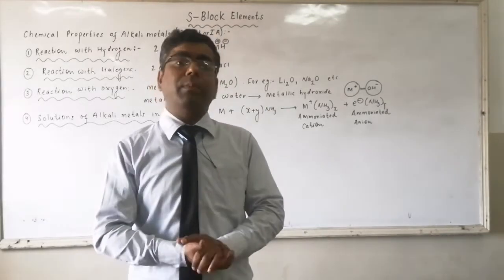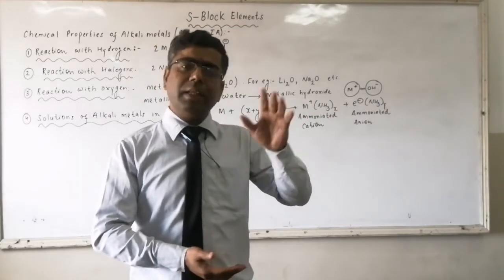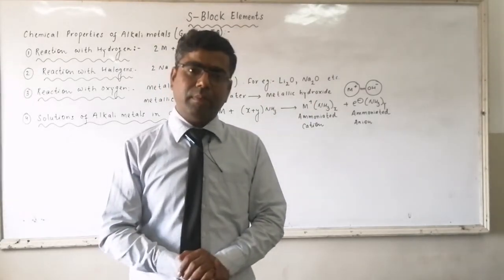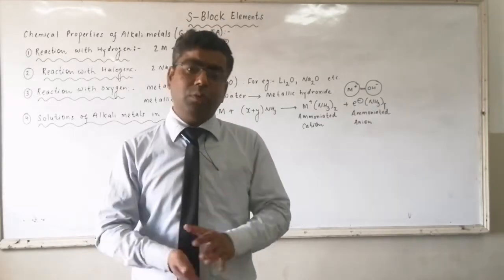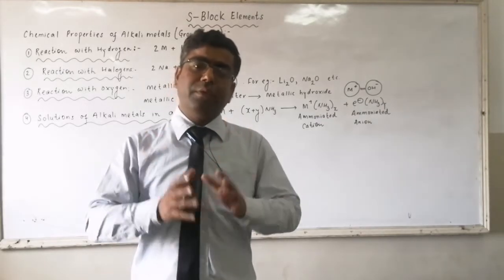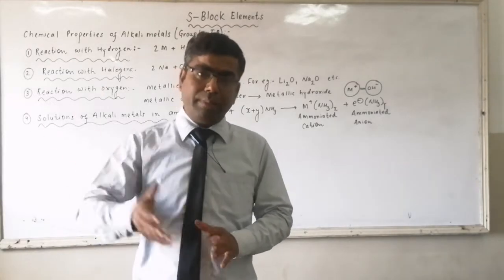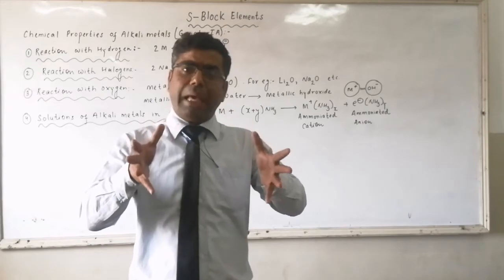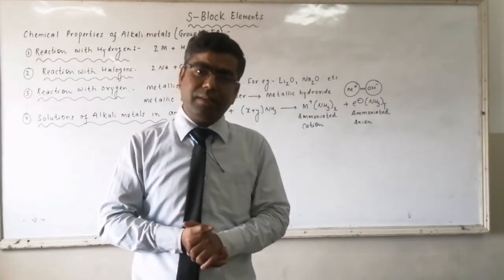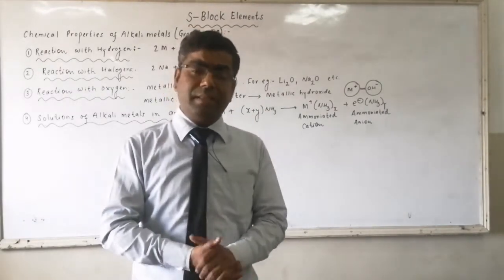Means H minus can be donated to other substance easily. Reason is very simple. As we move down, the size of the cation, that is from the alkali metal, increases. So force of attraction between M plus ion and H minus ion decreases. So removal of H minus ion is easy.